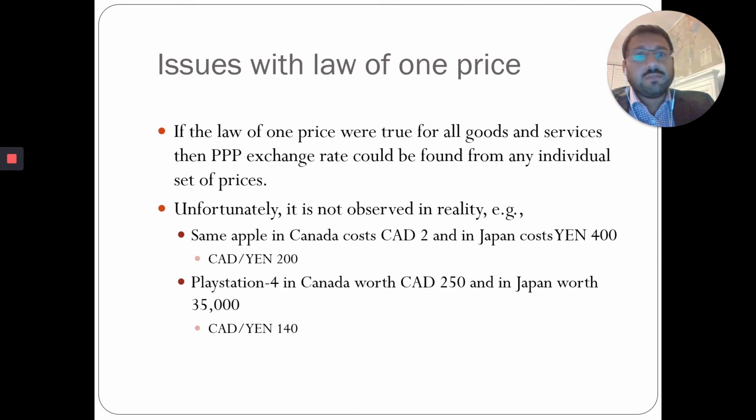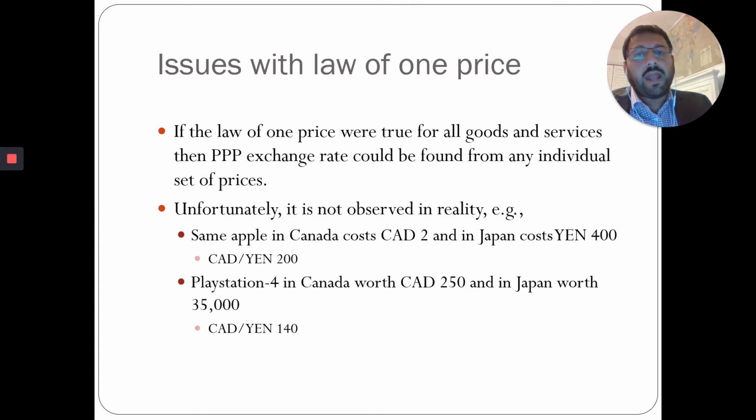On the other hand, the PlayStation is most probably manufactured in Japan, so it must be available at a lower cost there. For example, if an apple in Canada costs $2 and in Japan it costs 400 yen, then if we want to infer the exchange rate, we can see that in order to buy 1 unit of Canadian dollar, where the Canadian dollar is the base currency, we need 200 yen. So is this the exchange rate?